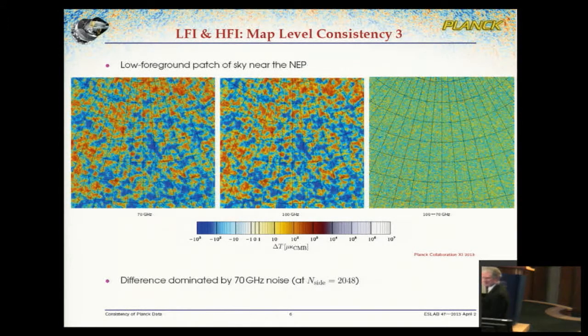And now you can tell very cleanly that the scale of the stuff that's left here is not the scale of the CMB. It's noise. And in fact, it's noise dominated by 70 gigahertz because the 70 gigahertz is plotted at Nside 2048. In fact, the resolution of 70 gigahertz would not lead you to make a map at that scale. Visually then, this is spectacular agreement on the signal in the sky.